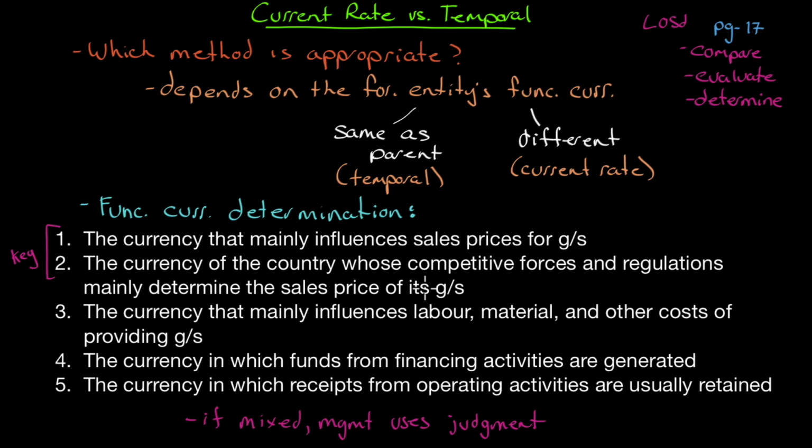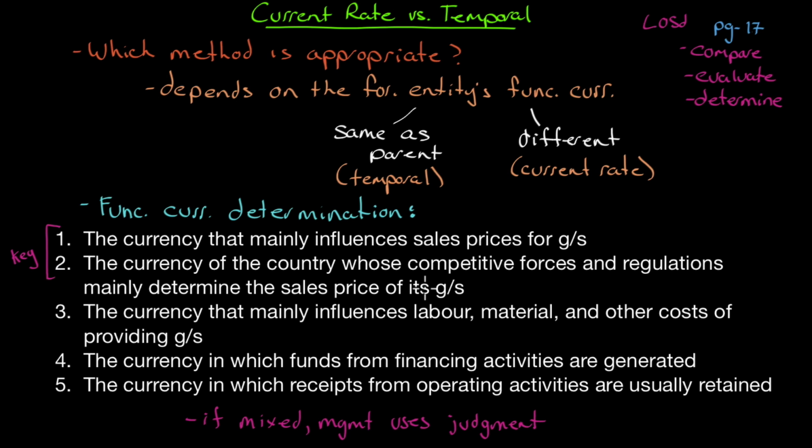Because the entire export is going to the U.S., the regulations in Canada don't apply. You can make something in Canada that is illegal to sell in Canada but perfectly legal to sell in the U.S. if you export everything to the U.S. So in that particular case, we could make the argument that, well, for the exporter, the functional currency is the U.S. dollar. So you see, number 1 and 2 can pretty much settle our problems, right?